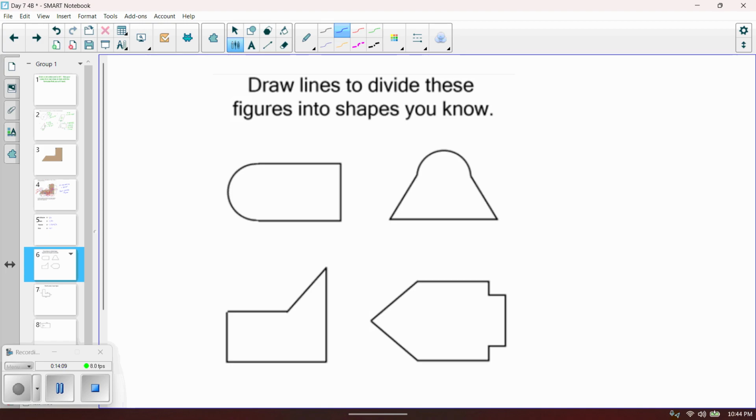So the first shape looks like it has a circle-like piece on the left side and a rectangle piece on the right. If I simply draw, oops, come on, draw for me. Uh-oh. Pen might be dying.